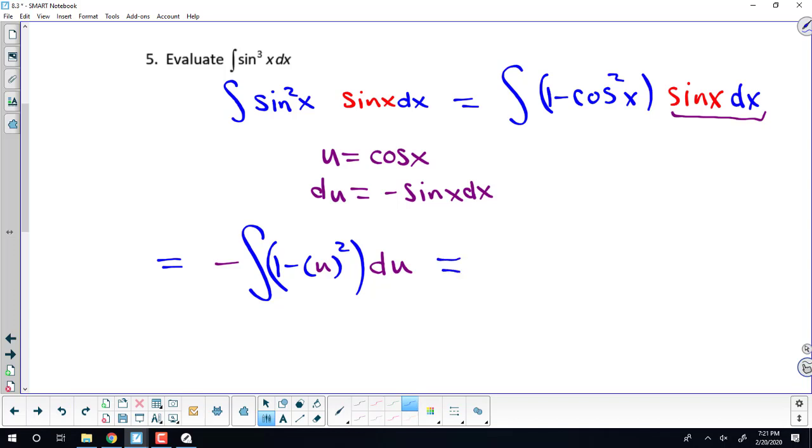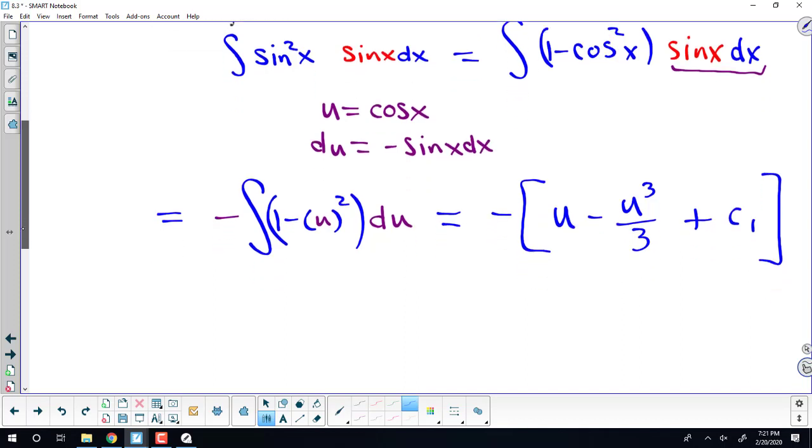We have minus, I guess we can leave the minus out if you want. Whatever, I guess we can keep track of our constants, but that's what we're dealing with. Just a u substitution problem in disguise.